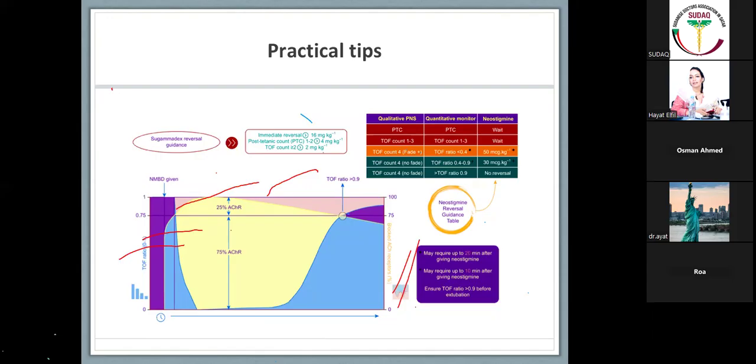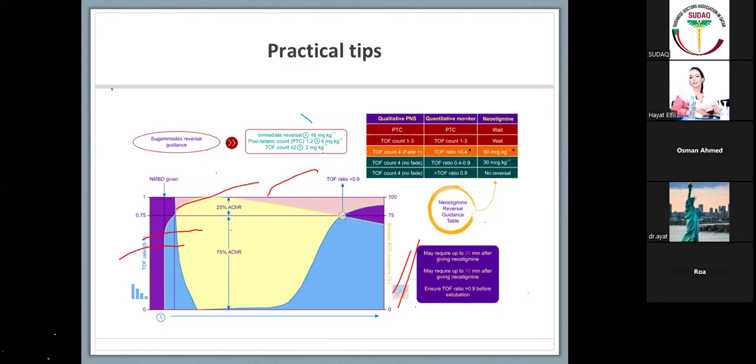In terms of Sugammadex, the manufacturer generally recommends a reversal dose of 16 milligrams per kg when the post-tetanic count is 0. That is a deep block, and that will be a rescue reversal, suppose you give rocuronium and you find a difficult intubation and you want to reverse the muscle relaxation as quickly as possible, then you will give 16 mg per kg.